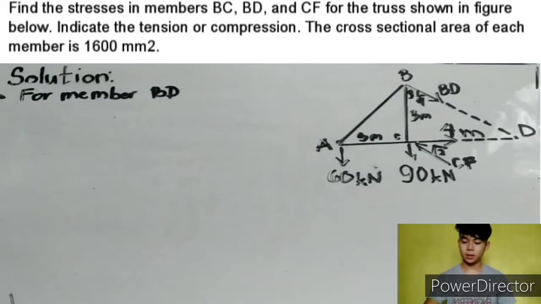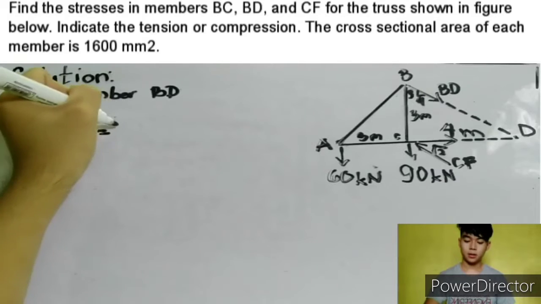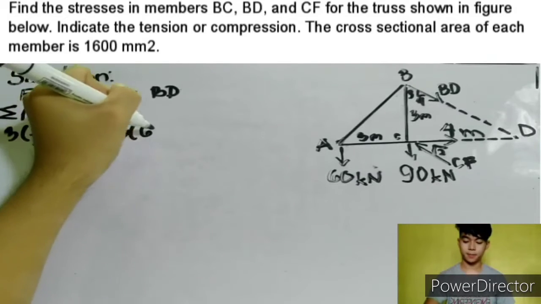So, summation of moment about C is equal to 0. So, 3 times 4 over 5 BD equals 3 times 16.